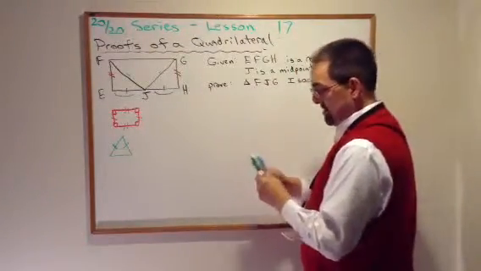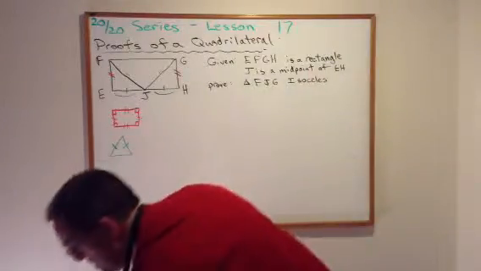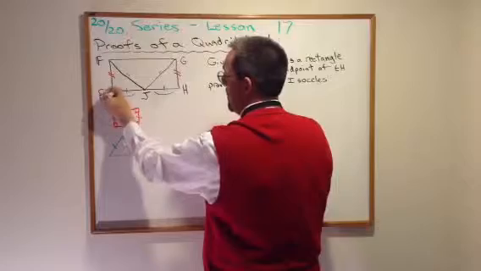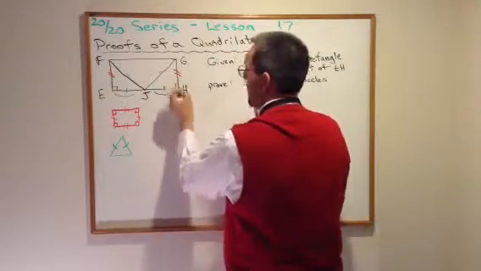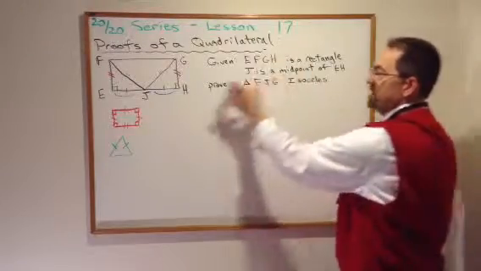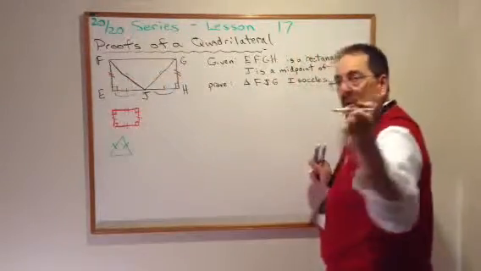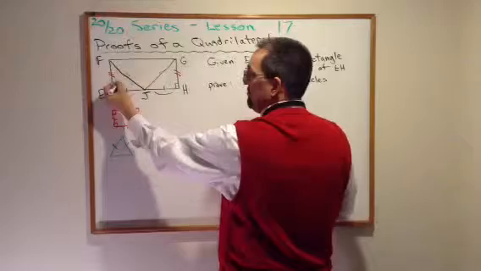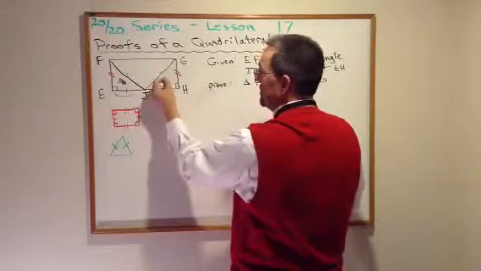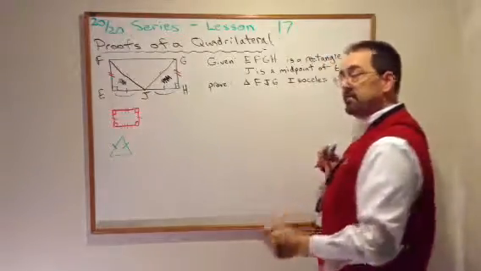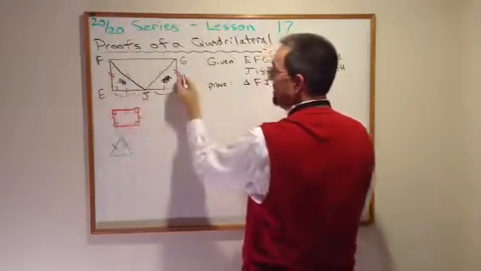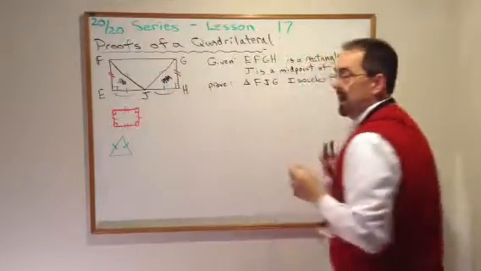Let's mark the right angles. So we started with a rectangle. How can we show that this triangle right here is congruent to that triangle? Can you guys see it? Side, angle, side.